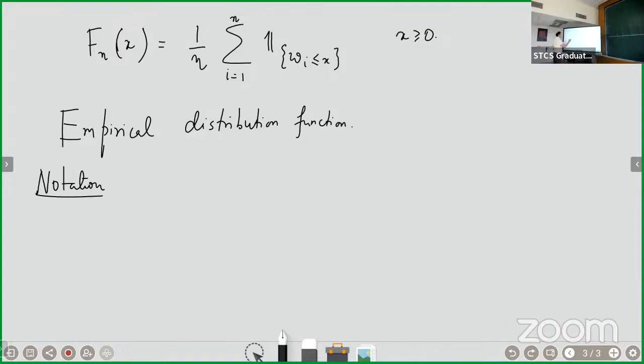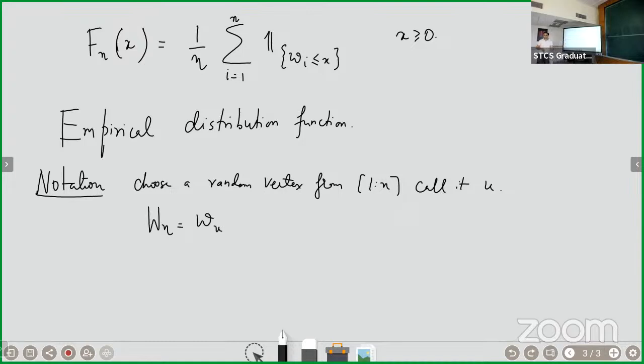Notation: we use a random index U. We will define W_n as the weight of this random vertex. So, observation. What is the connection between W_n and F_n?